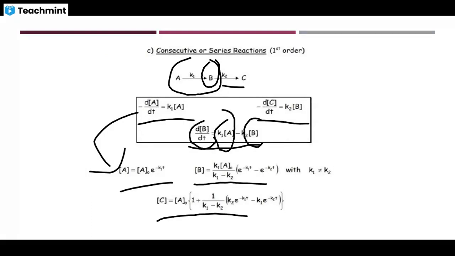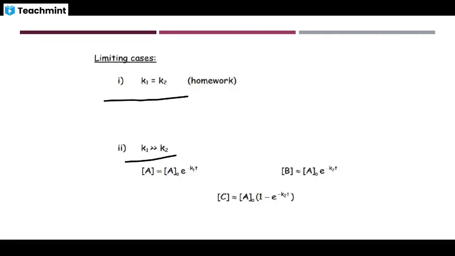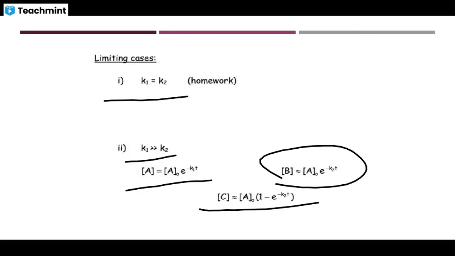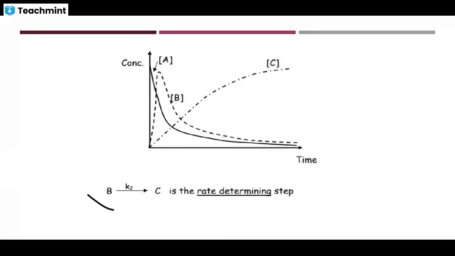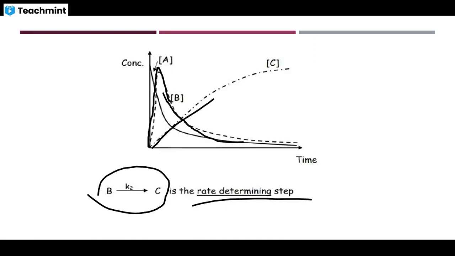Then you can only see B to C, like a unimolecular reaction B to C. The A concentration depends on A naught e power minus K1t, and B depends on K2. Because K1 is very fast, B is formed quickly, then consumed very slowly, forming C.